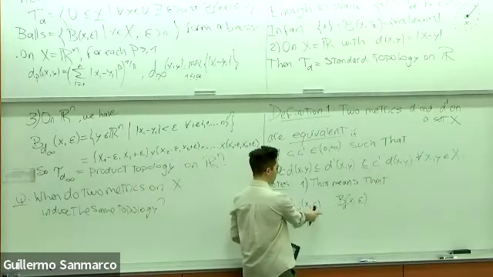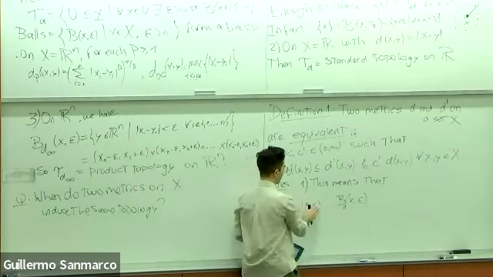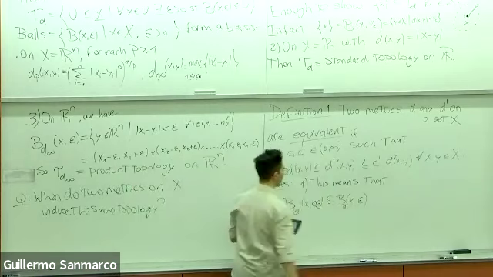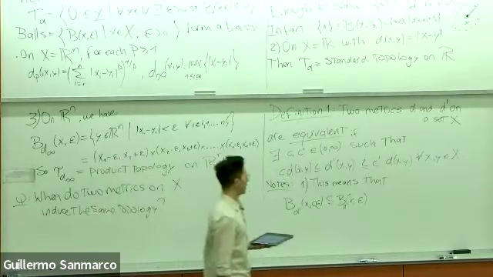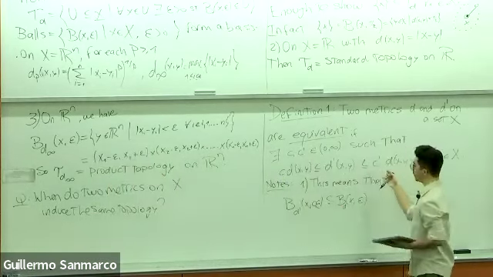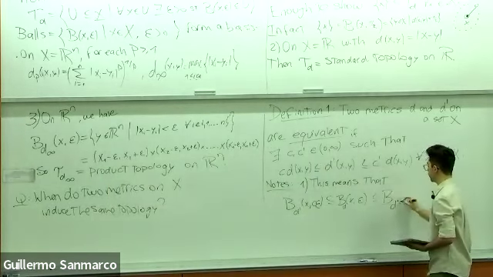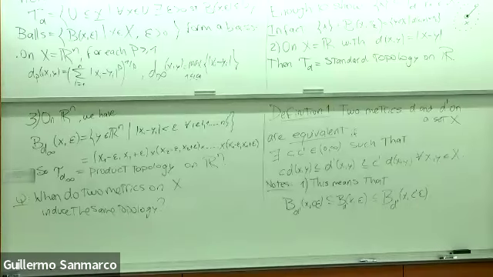But to compare this, I need to change the radius slightly using C. This is always going to be a subset of that one. And now, using this inequality, you can see this is a subset of the D prime ball centered at X of radius C prime epsilon. This looks confusing, but if you want to prove this, it's very easy. And this is for any X in X and every positive epsilon.